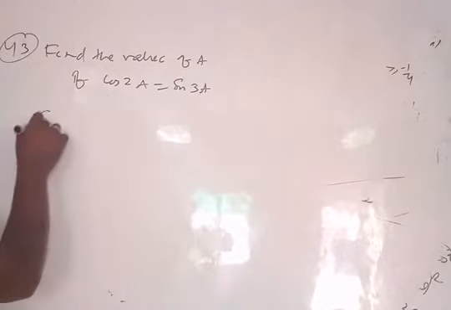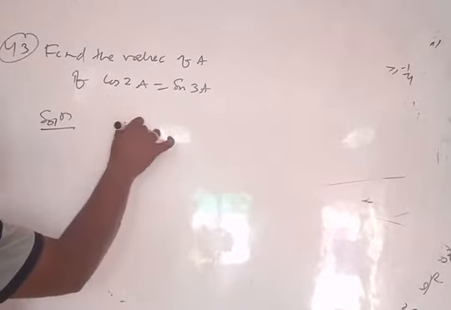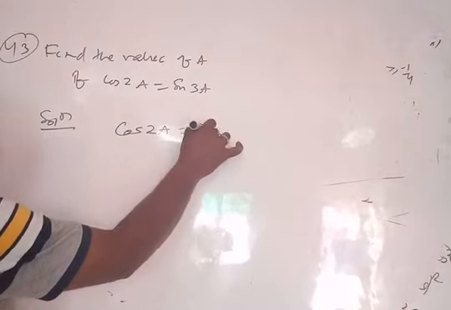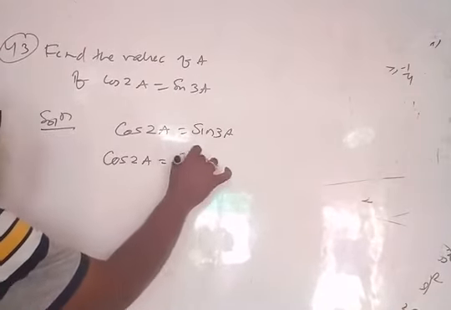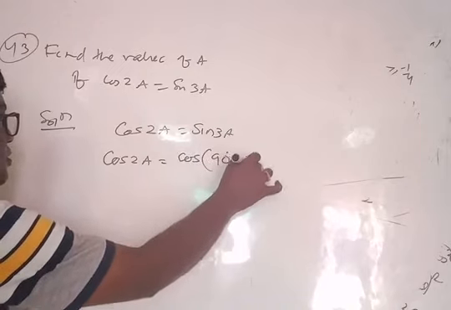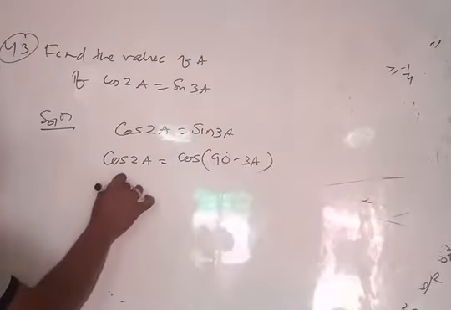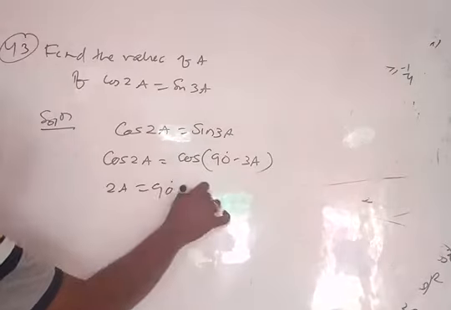So solution: cos 2A is equal to sin 3A, or cos 2A is equal to cos (90 degree minus 3A). 2A is equal to 90 degree minus 3A.